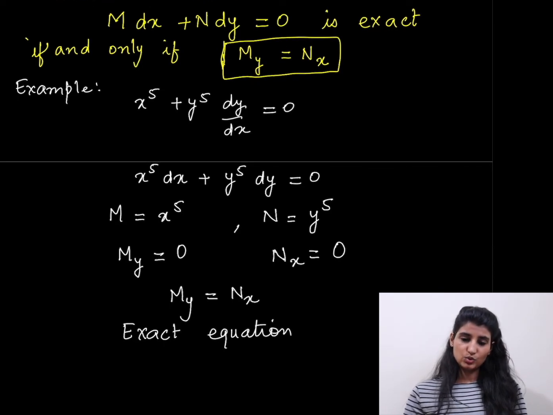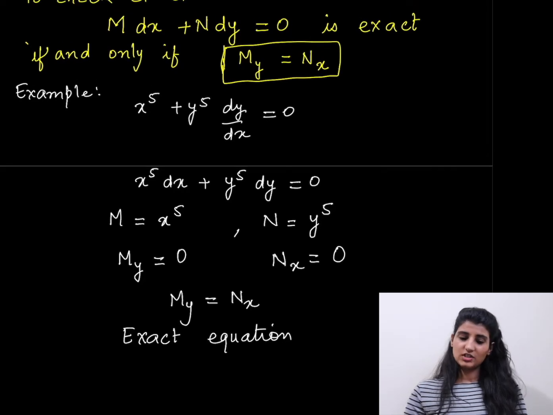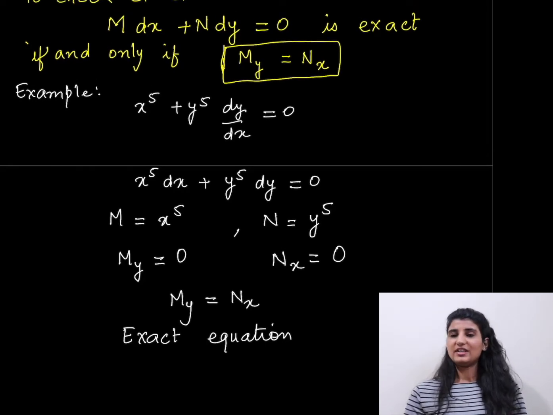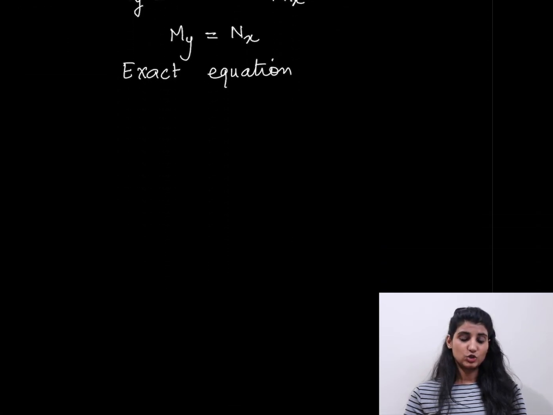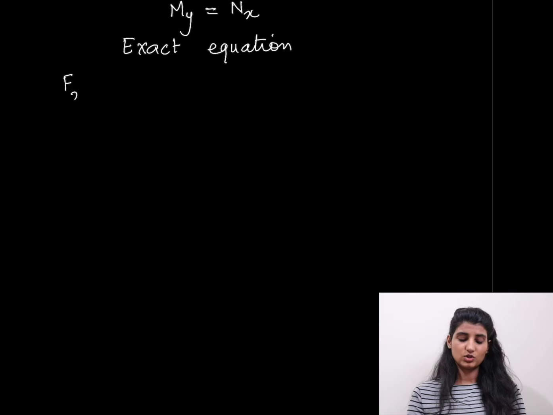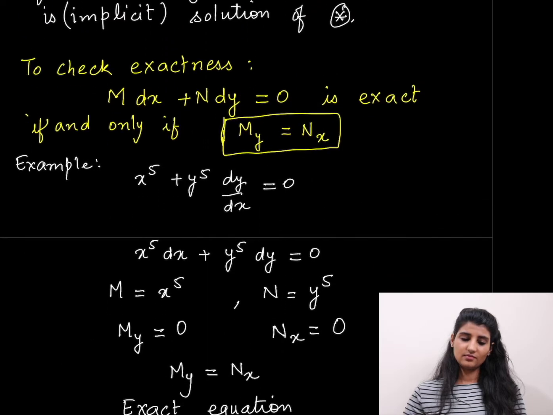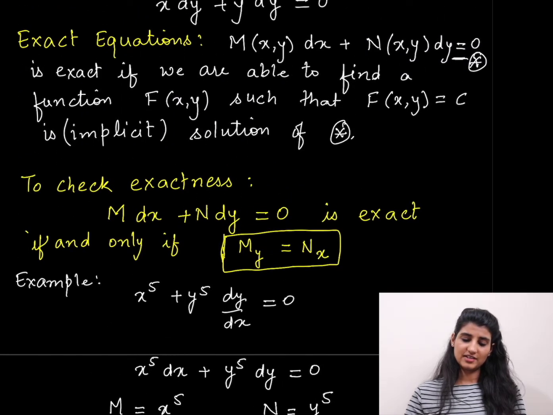In step 2, if the equation is exact, it means you are sure that there is a function f which is going to be the solution of this equation, such that fx is equal to M and fy is equal to N. This was the definition of an exact equation.